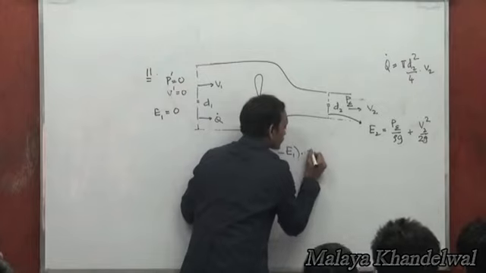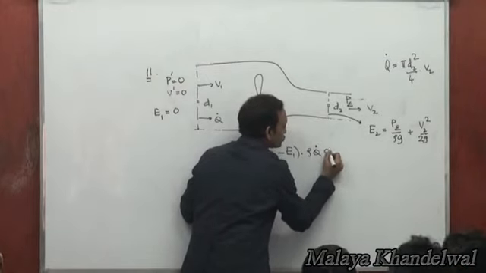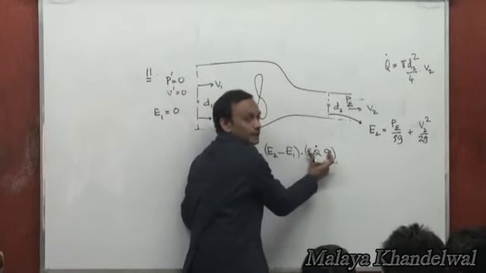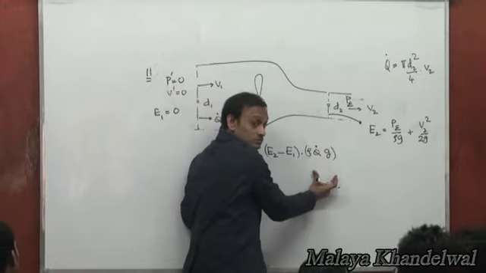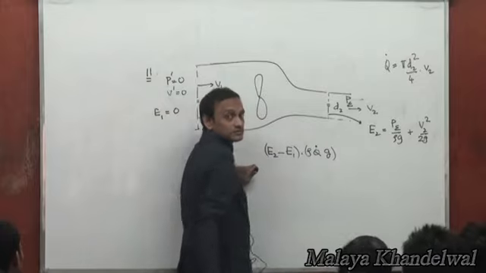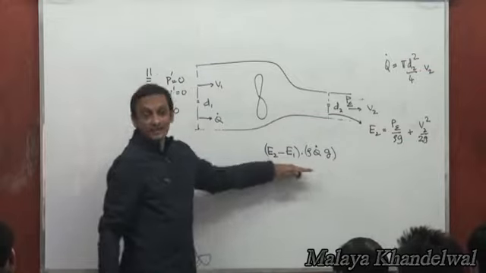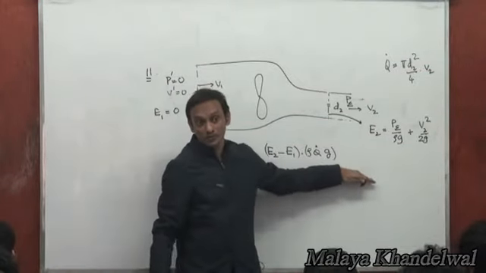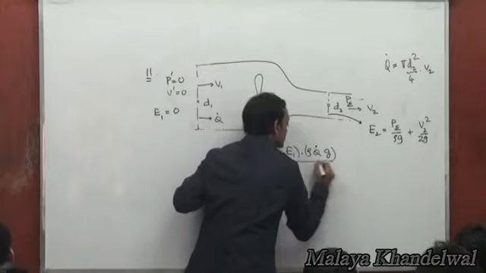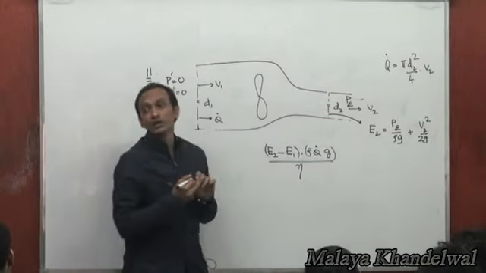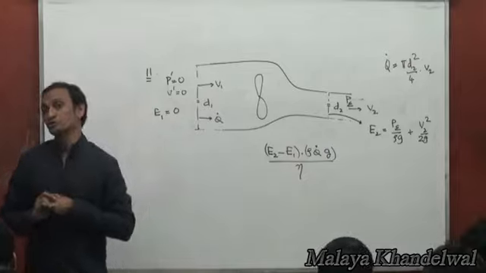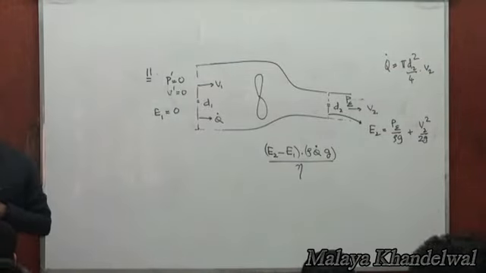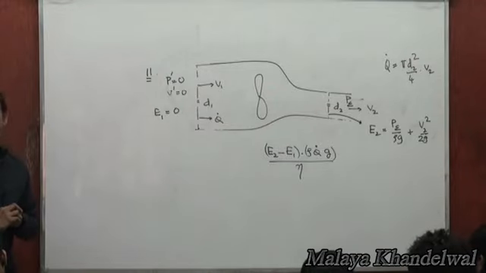Multiplying by rho Q dot into g gives these many newtons per second. So this would give you the watt output of the blower, and this divided by eta would give you the output of the motor. These many watts will give you the specification of the motor, right?